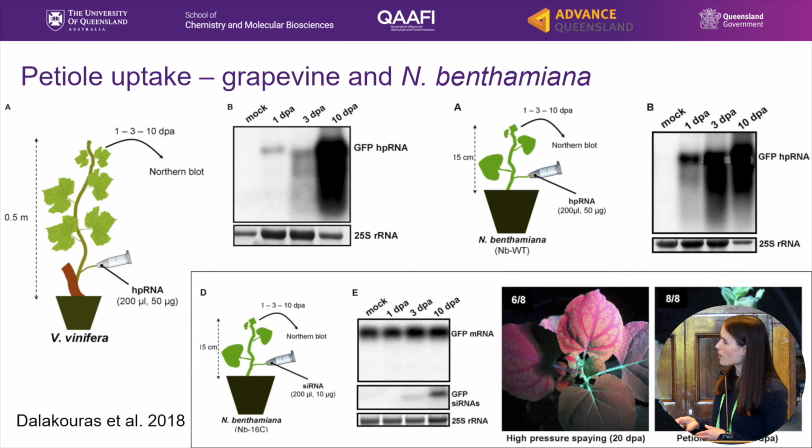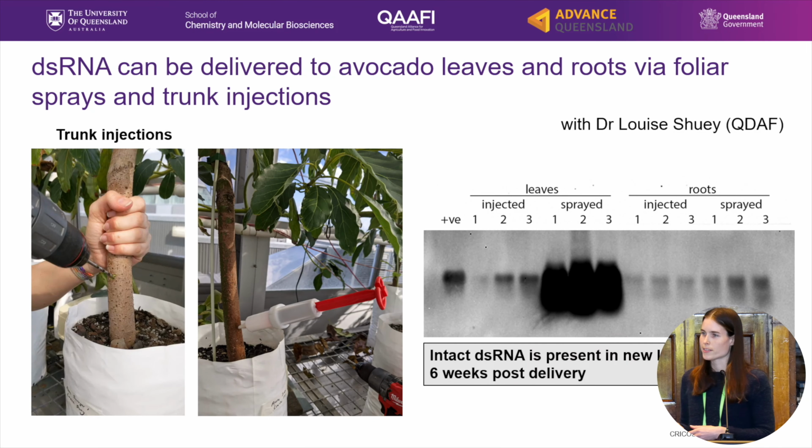And then there was this other method where they were doing petiole absorption, where they're soaking the petioles in the double-stranded RNA and then detecting the RNA in the leaves. And this is just showing tobacco. So I decided to do this.